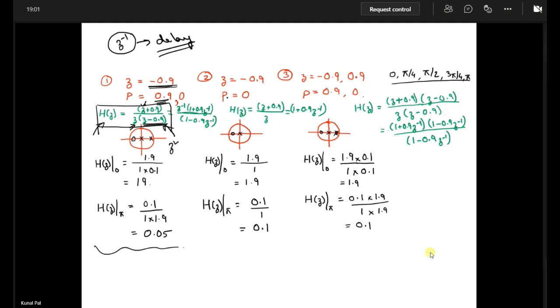We have to divide both numerator and denominator by z square. So if you do this, we have 1 by z plus 0.9 z inverse multiplied by z inverse, and divided by what you have. This z gets cancelled out, and the second z becomes 1 minus 0.9 z inverse. So we get this as the transfer function.